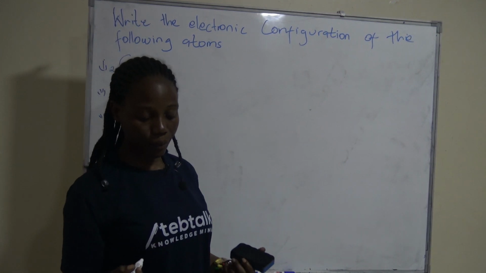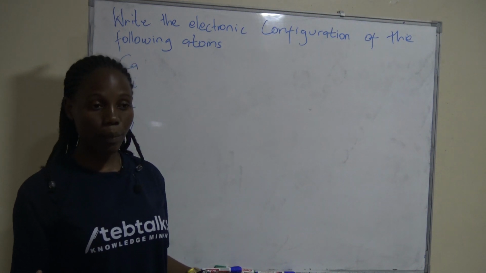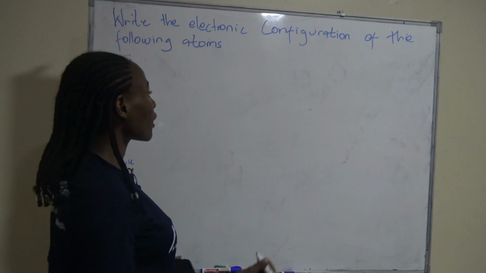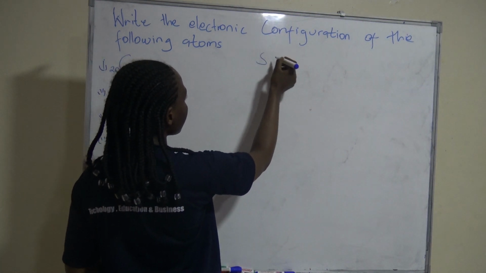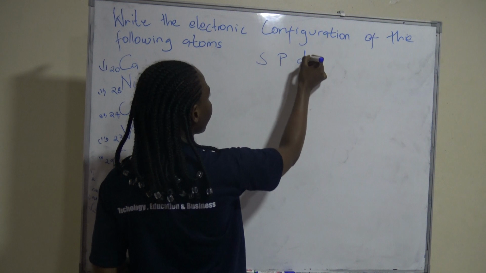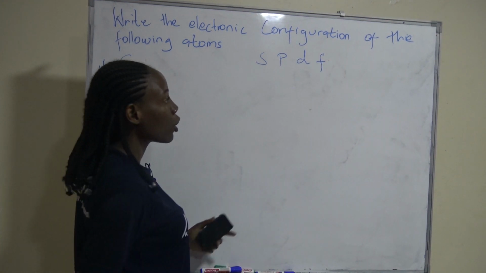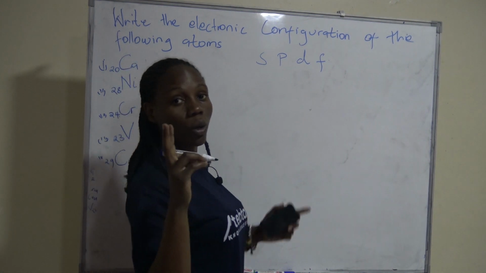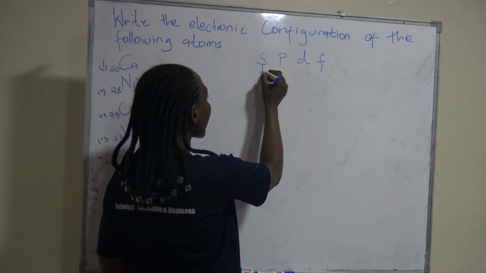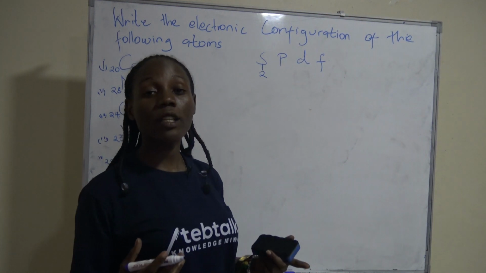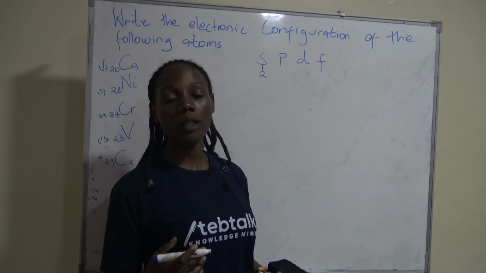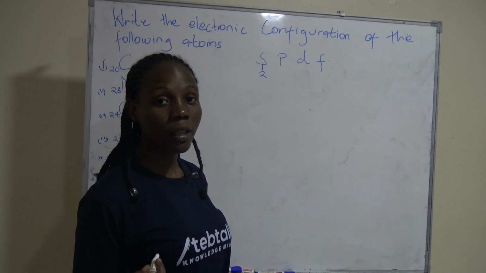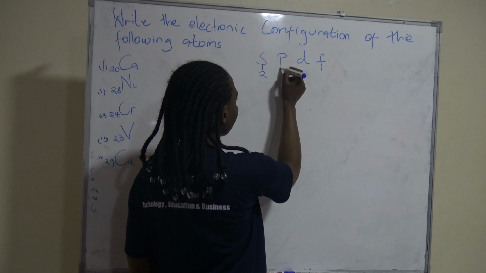We said that an atom is made up of various shells or energy levels, whereby we have the S, the P, the D, and the F. The S shell takes a maximum of 2 electrons because it has only one orbital. The P shell takes a maximum of 6 electrons because it has 3 orbitals.